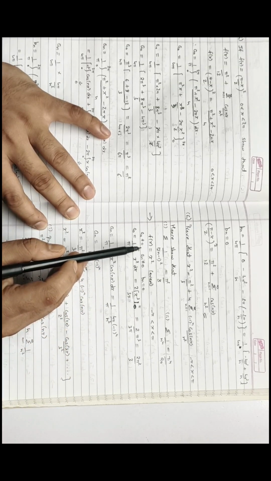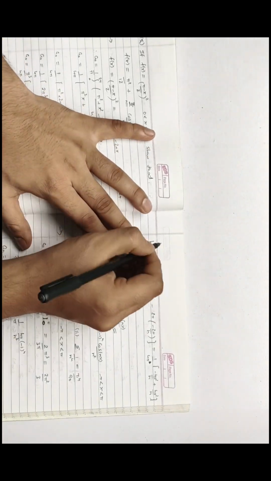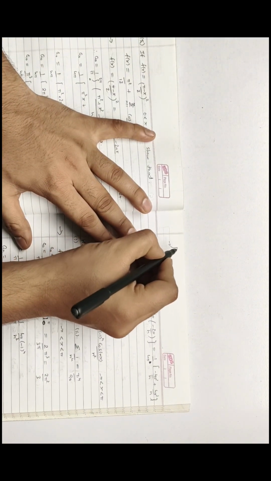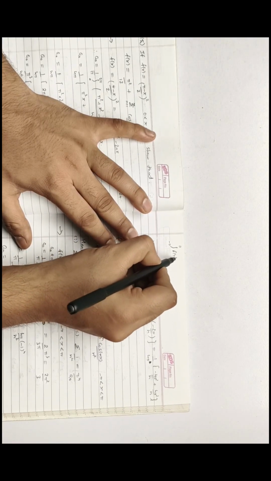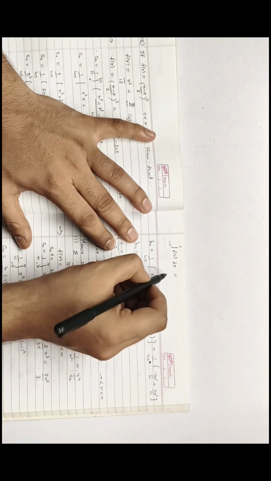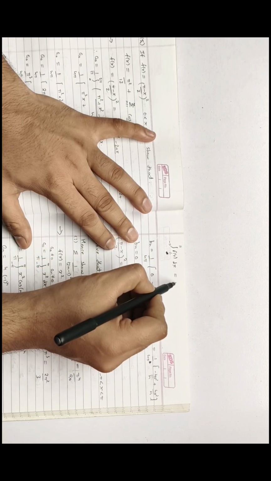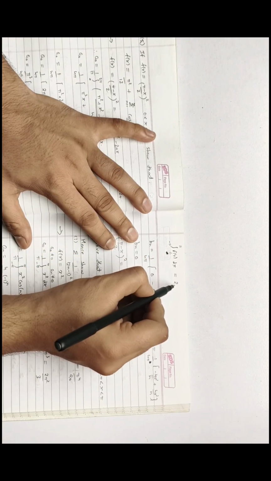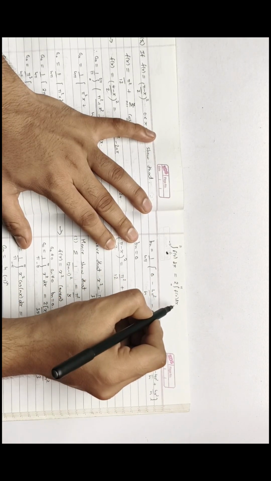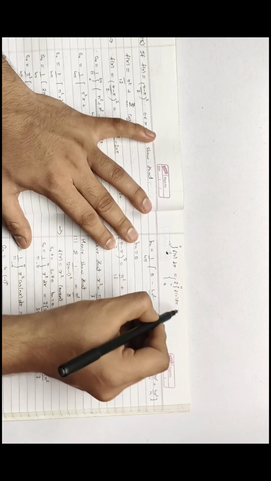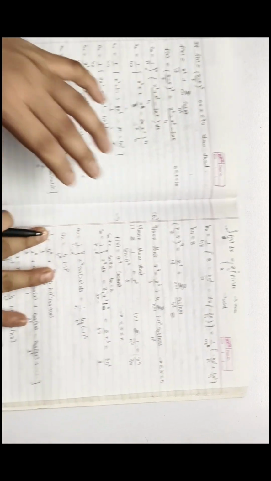So we know that for the integration from minus pi to plus pi of f of x dx, if the function is even, it will give us 2 times the integral from 0 to pi of f of x dx, and it will give me 0 when the function is odd.